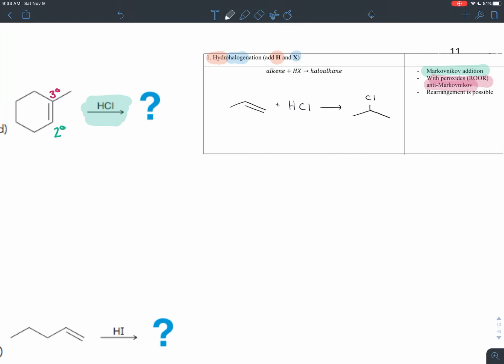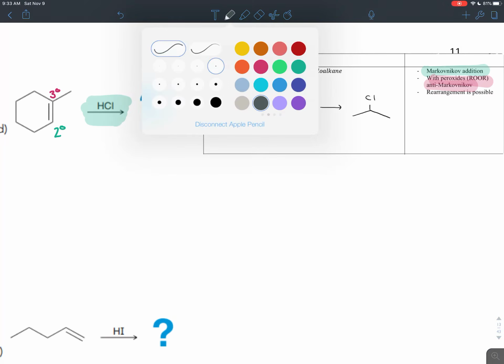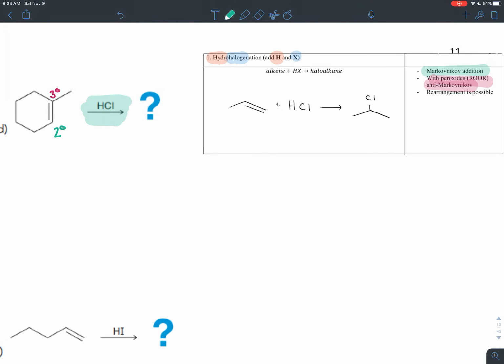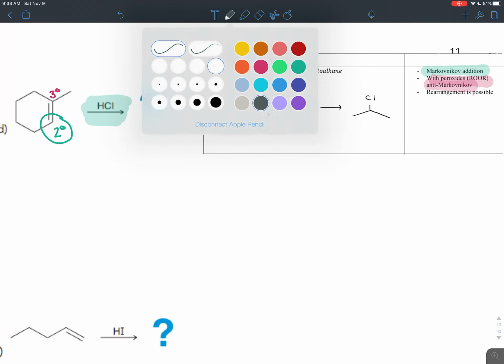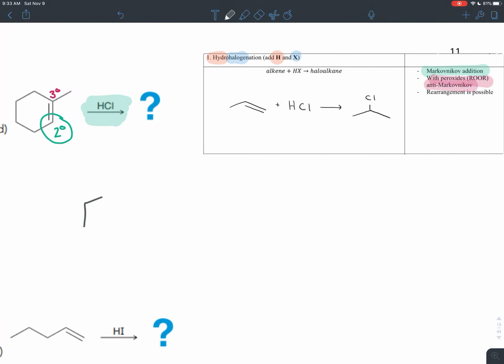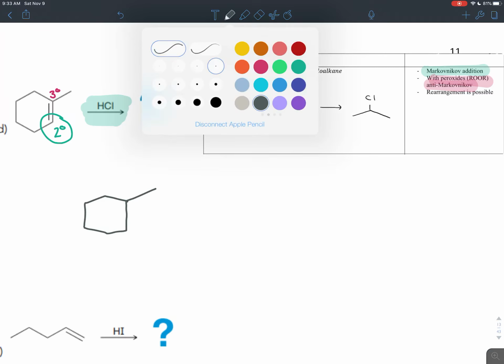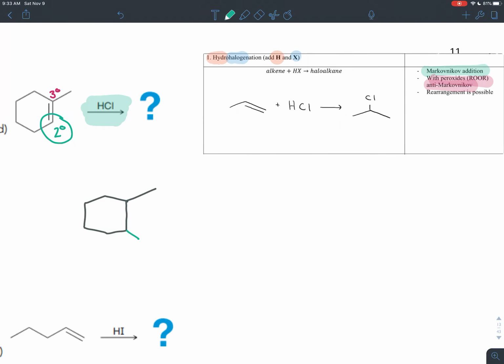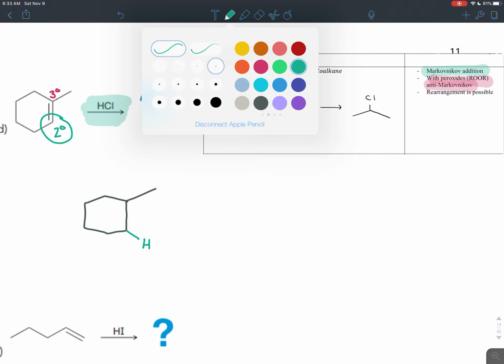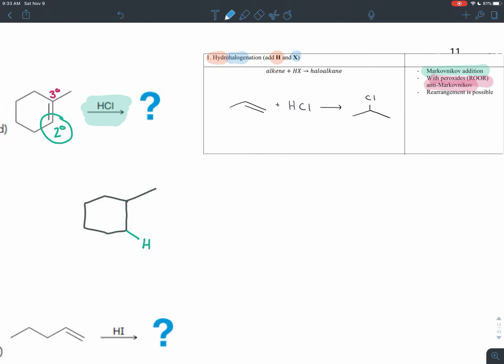And so, in this one, the hydrogen is going to add to the less substituted carbon. That's the secondary one. So we'll redraw the carbon skeleton just without the double bond. And the hydrogen will add to that less substituted carbon. The chlorine may add to the other carbon.